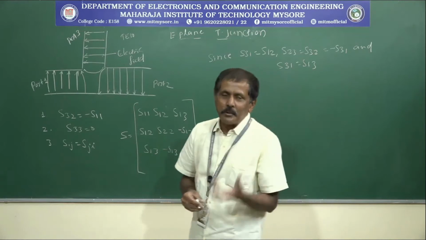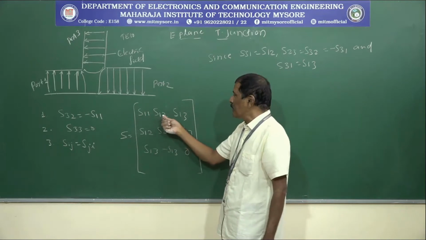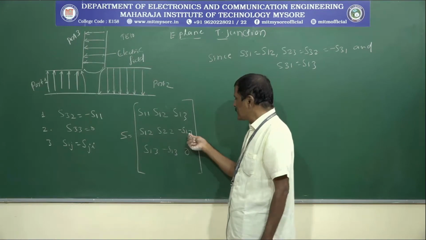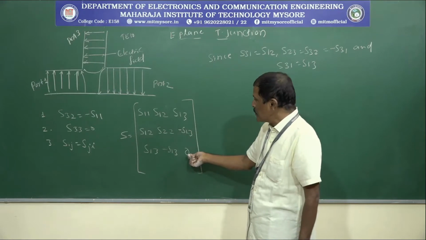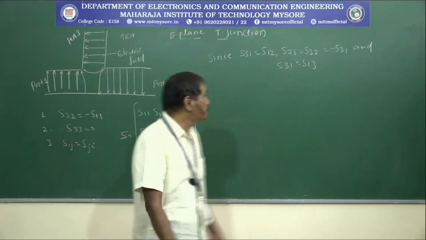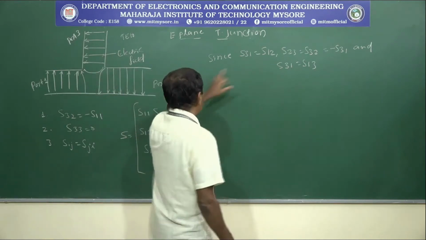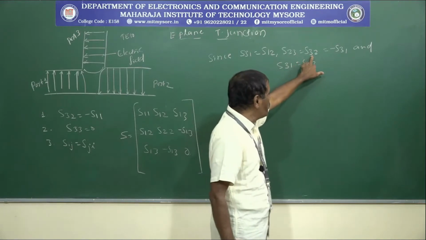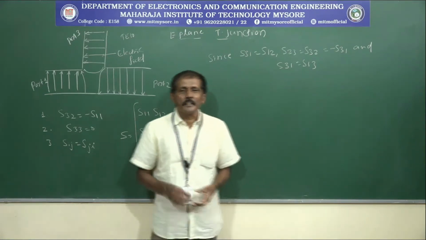Then, as you have done in the H plane, the S matrix can be written as S11, S12, S13, S12, S22, minus S13, and S13, minus S13, and this value is going to be 0 because S33 is equal to 0. Then based on all these properties, we can write S31 equal to S12, S23 is equal to S32, and this is equal to minus S31, and S31 is equal to S13.